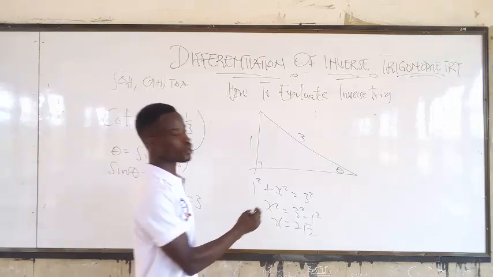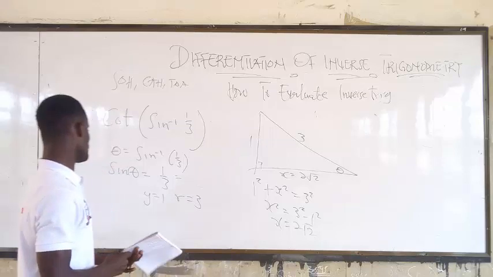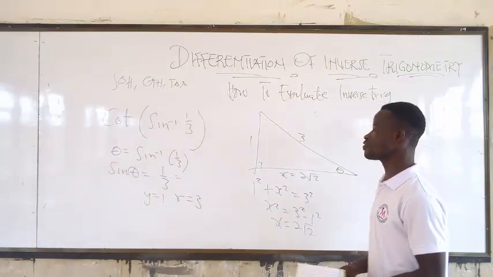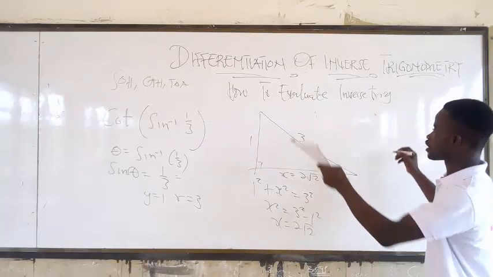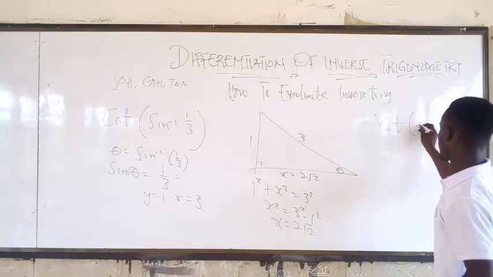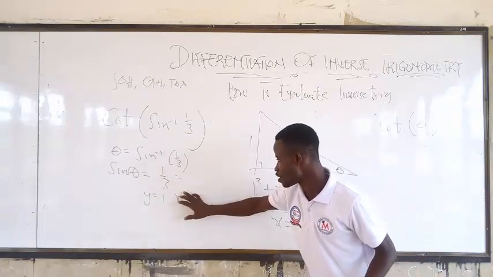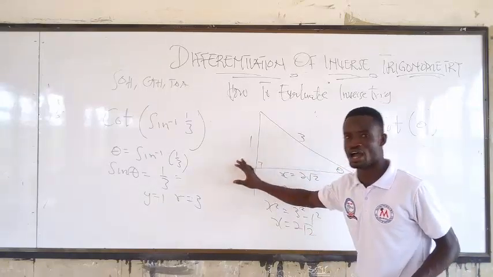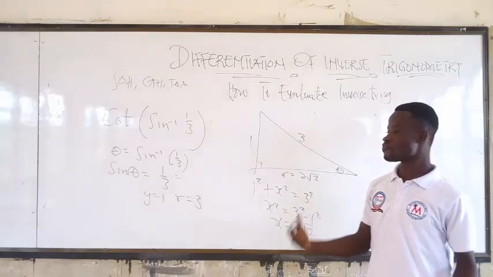After getting 2 root 2, you can see that if sine theta is 1/3, then we want cos of theta, right? So we have used the idea here to get this. Now that we have our right angle triangle, we can come up with any of the trigonometric functions.